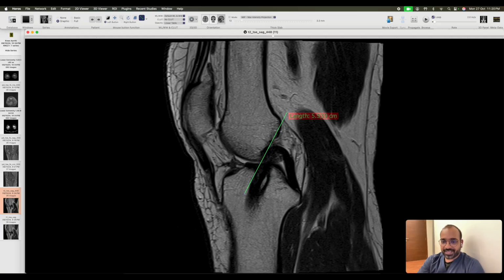This is a tangent drawn along the posterior aspect of the intercondylar notch of the femur. My tibial tunnel is placed posterior to this line, which bifurcates the tibia. So this is a normal placement of the tibial tunnel.